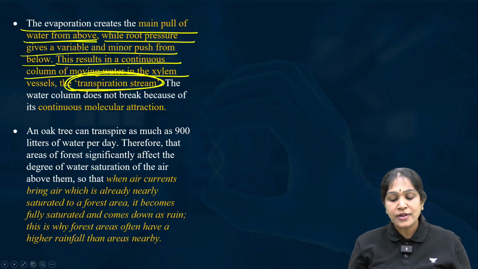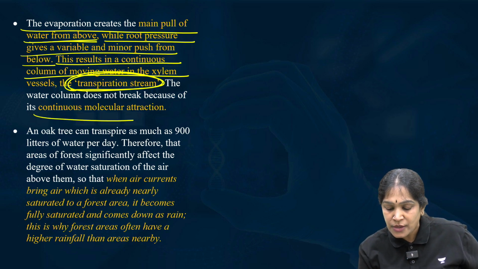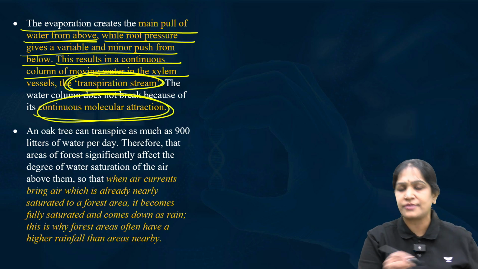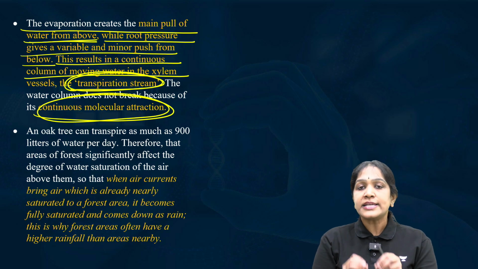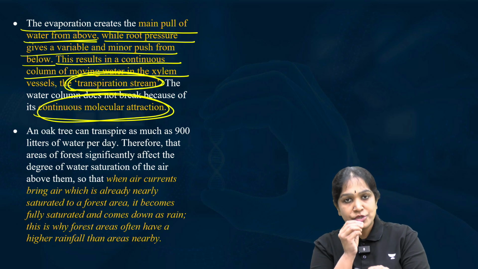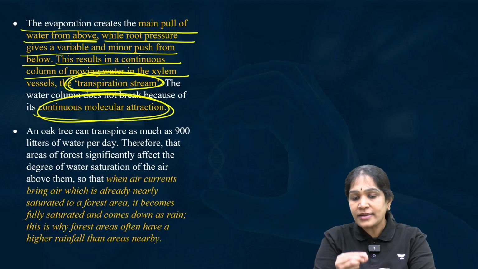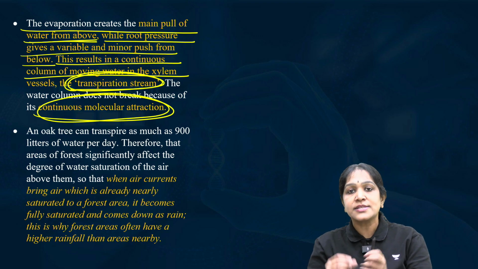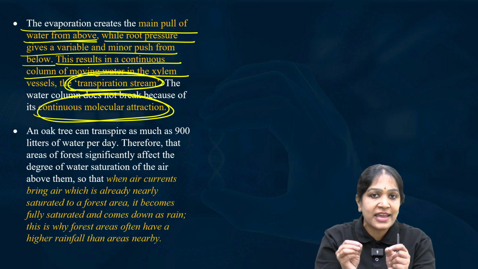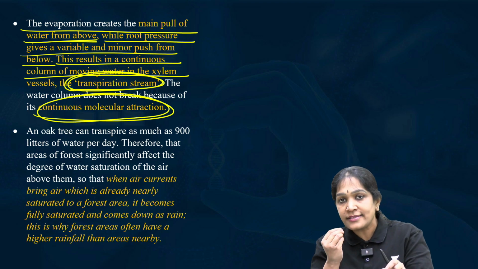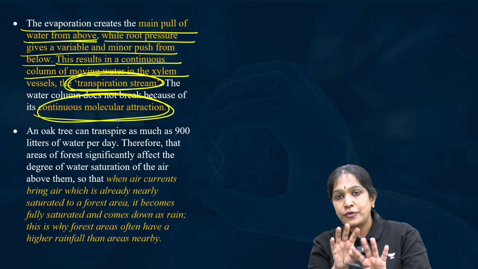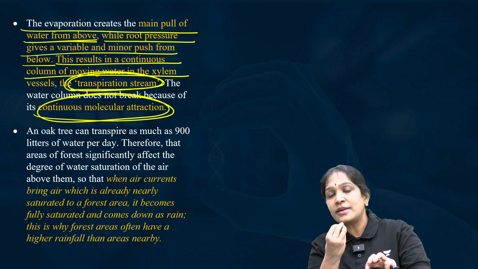This stream will not break because of the continuous molecular attraction. What do you mean by this? Let us suppose you are drinking a cold drink through a straw. Through the straw, the liquid comes like a continuous column, isn't it? It will not break in between. You are not drinking it as one drop, a few seconds pause, and then one more drop.